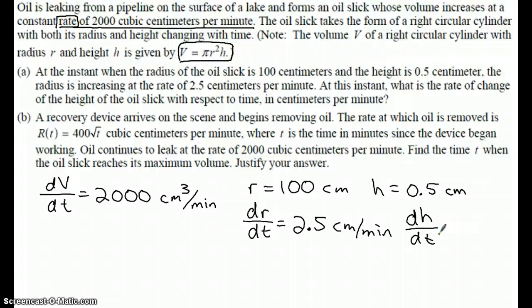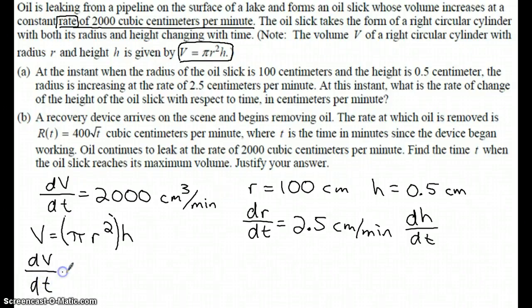So we'll take the derivative. We have our formula, and we're going to have to use the product rule. I'm going to look at it like this: pi r squared times h. So the product rule: we first differentiate the volume with respect to time.